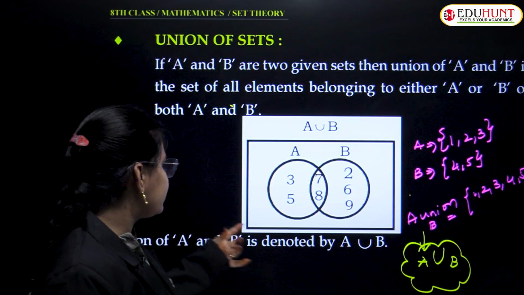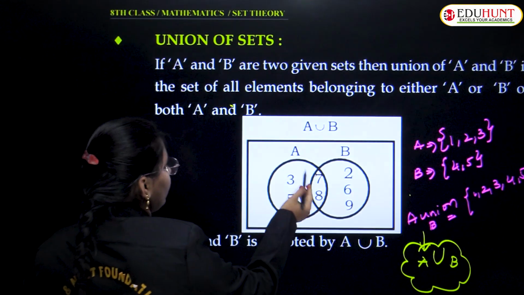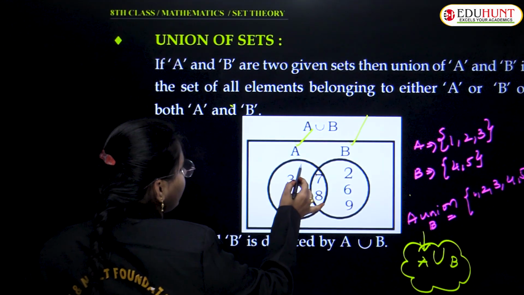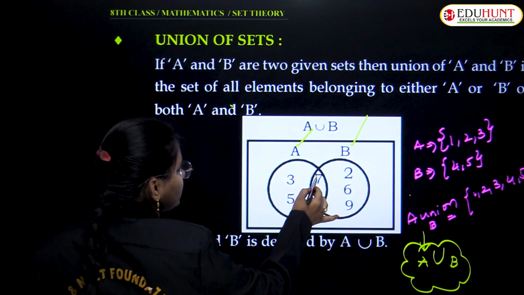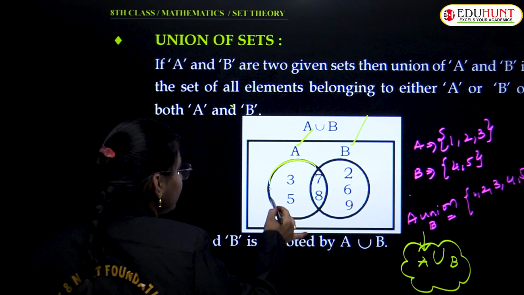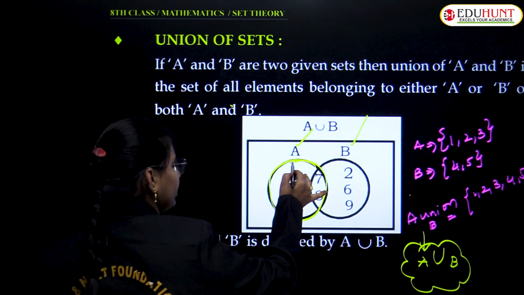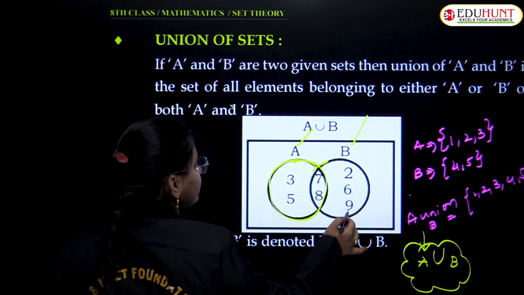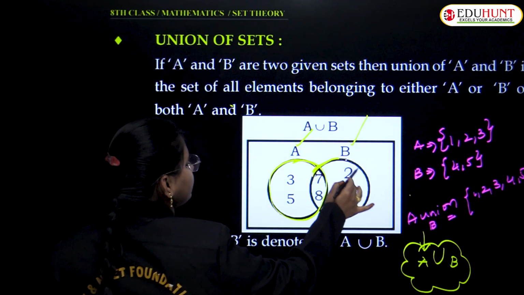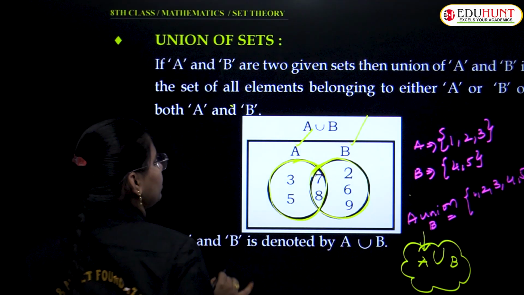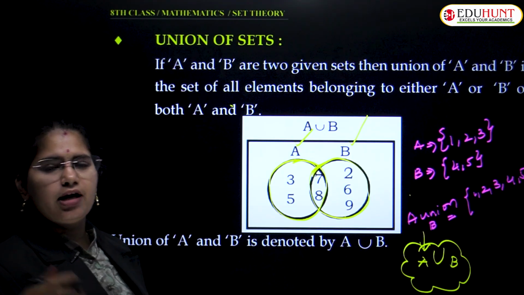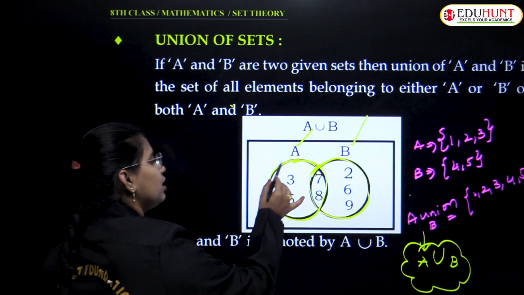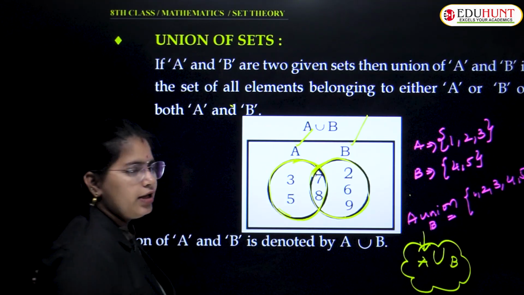For example, can you see over here? A is nothing but this and B is nothing but this. A is 3, 5, 7, 8. This is completely the A set, correct? And B is 7, 2, 6, 9, 8. This is the B set, correct? If you want to express A union B, you will express it like this, all the elements together. This is a complete A union B, correct?